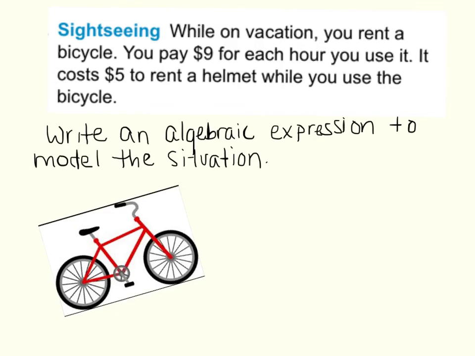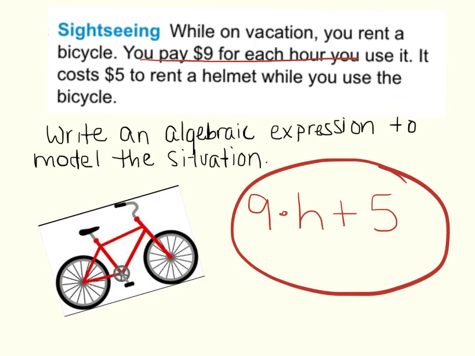We want to write an algebraic expression to model the situation so we can figure out how much we're going to pay. $9 per hour gives me 9 times h, because we do $9 times the number of hours we rent it for. The helmet costs $5 no matter what, so we say plus $5. This would be our algebraic expression to model the situation.